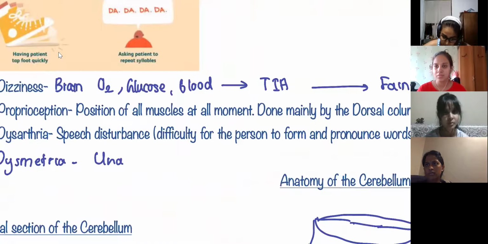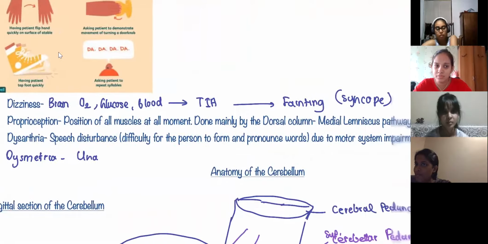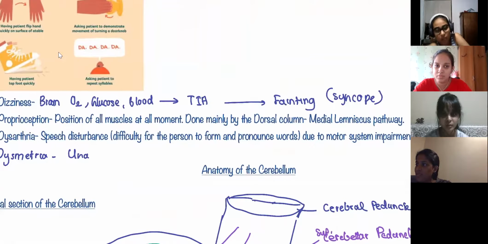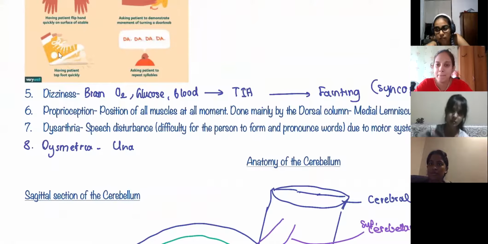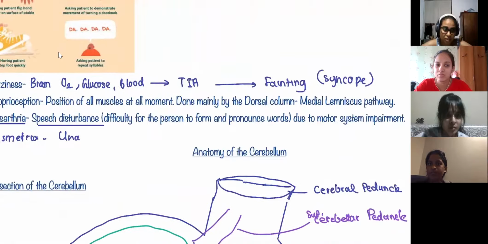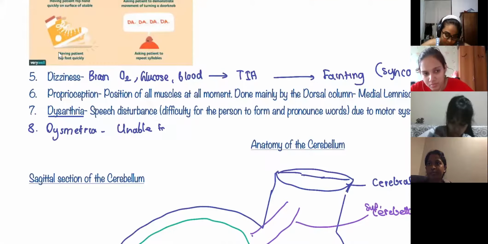Proprioception is the position of all muscles at all moments. And dysarthria is speech disturbance. And dysmetria is being unable to assess distance.